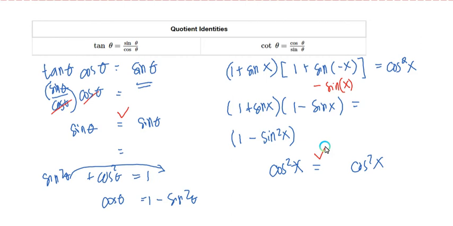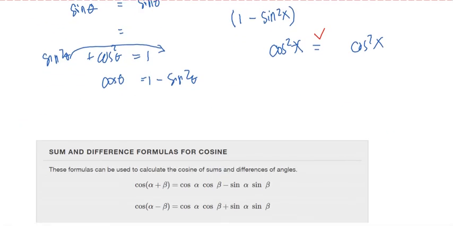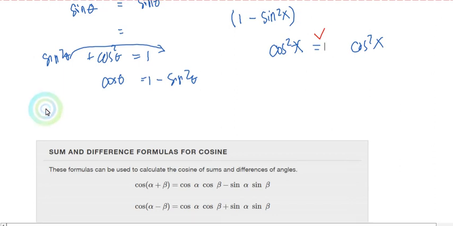Okay. So that is what we can perform as operations. So next, I'll be giving another example. So we will have this one.